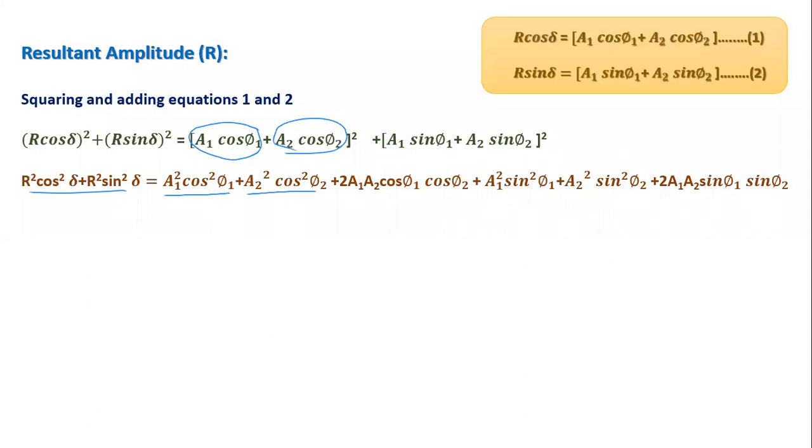Then 2 a1 a2 into cos phi 1 cos phi 2. That means we use here the expansion of (a plus b) square: a square plus b square plus 2ab.